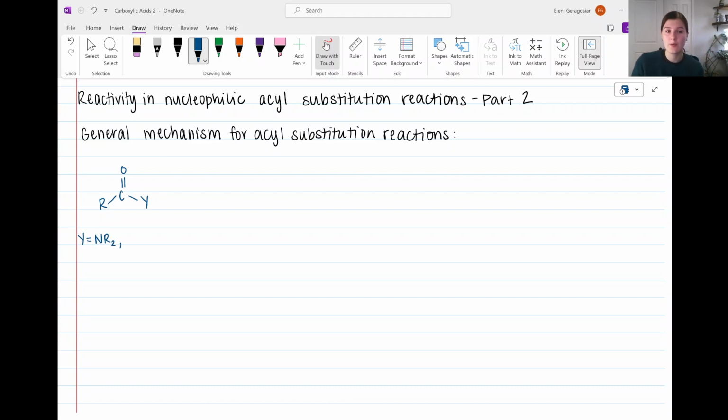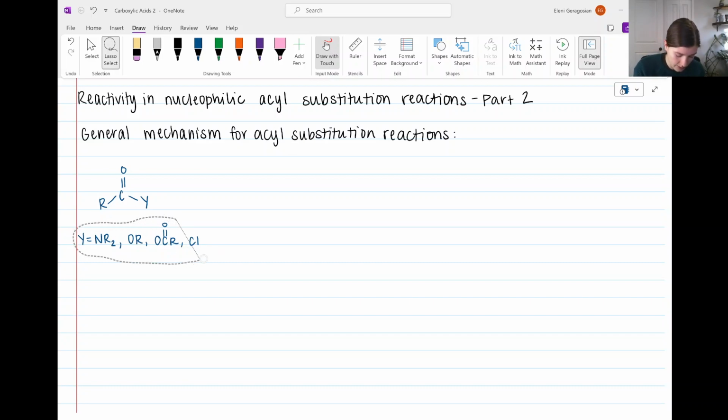If we are starting with an ester or a carboxylic acid, then Y is an OR group. If we are starting with an anhydride, then Y is an O, carbon double bonded to oxygen, and then R group. So that would give us an anhydride. And if we start with an acid chloride, then Y would be a chloride.